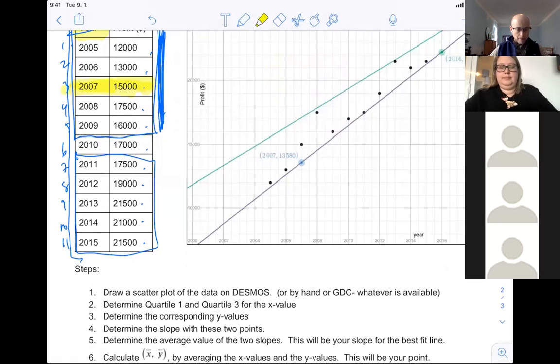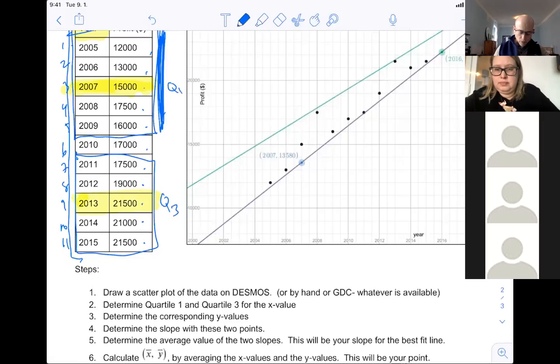I need to use my calculator. Oh no, just look at it. You can count them. 21,500. Yeah. And the x value that corresponds with that was what year? 2013. Right. Did you say 13 or 14? 13. Yeah. So that point there is Q3.